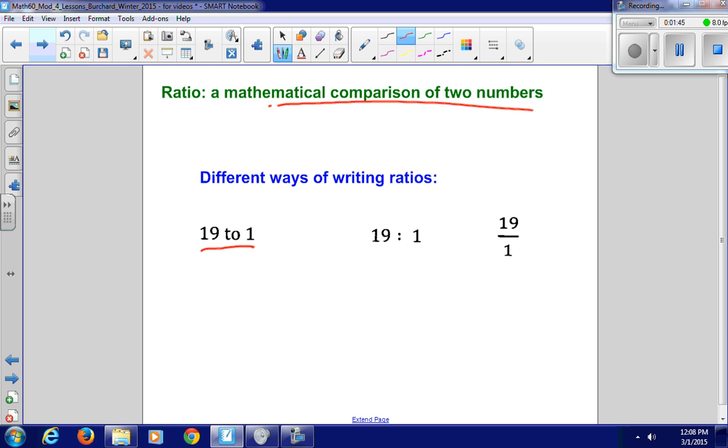And we can also write it out this way, 19 to 1 with the "to" becoming a colon. And then very frequently in math we write out ratios like a fraction, 19 to 1, like that. So all three of these are the same ratio, just written differently.